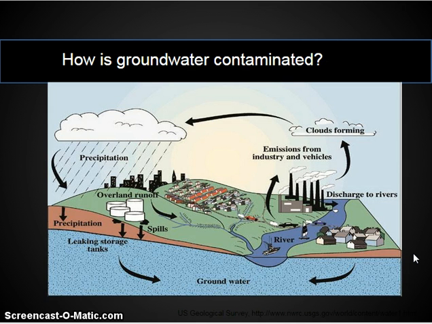Groundwater can be contaminated through overland runoff, through spills, through acid rain, through leaking storage tanks, overland runoff from non-permeable surfaces like roads. When you got cars sitting idling on a road and they are pumping their exhaust out of the tailpipe, that's going onto the ground.